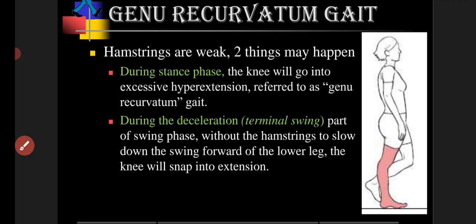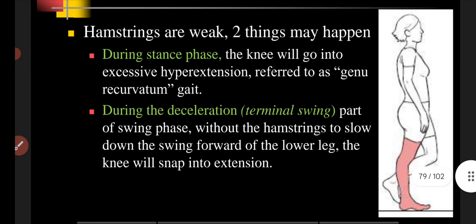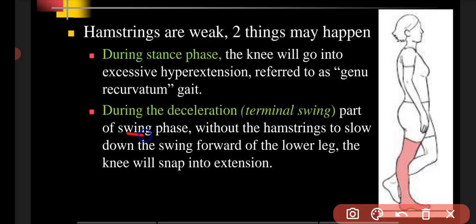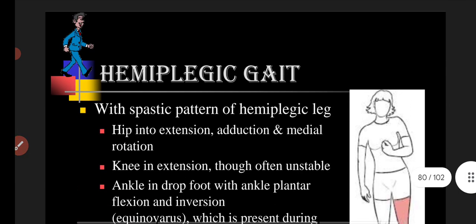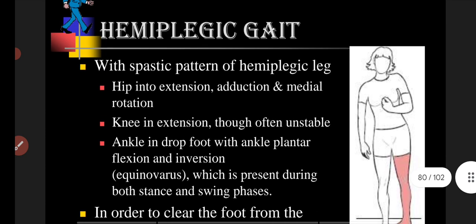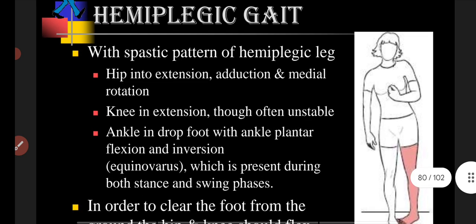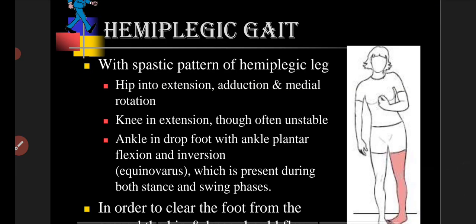And during the deceleration or terminal swing phase, without the hamstring to slow down the forward swing of the lower leg, the knee will snap into extension. Okay, this is the genu recurvatum gait.